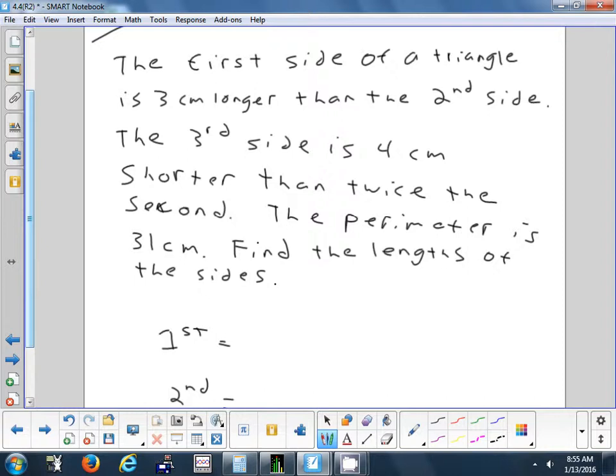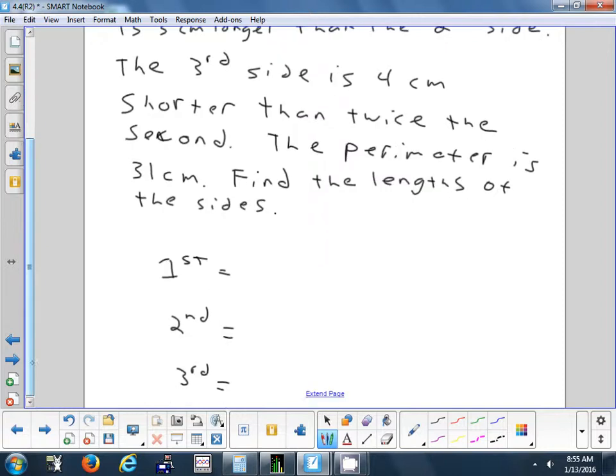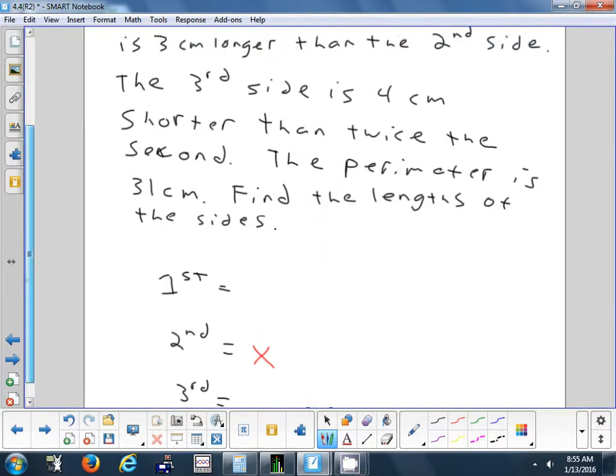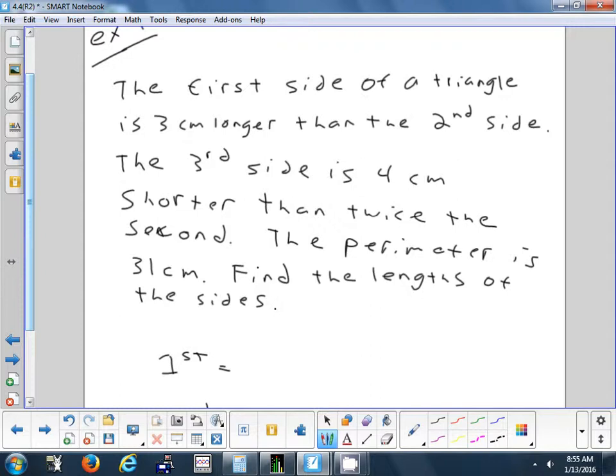You always look at the end of the sentence, and that's the one that gets the single variable. So in this case, Rose, which one gets the single variable? Second side. Yeah. Let's just use X. I'm going to stay away from S for side because that could look like a 5.